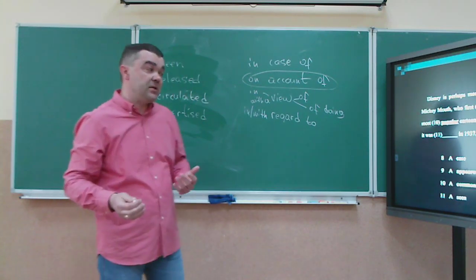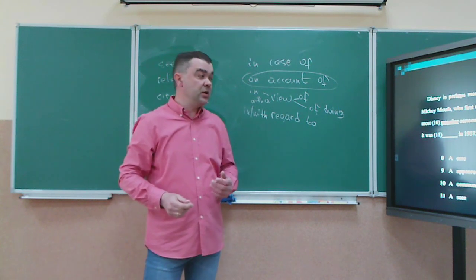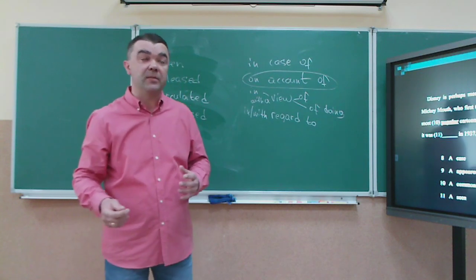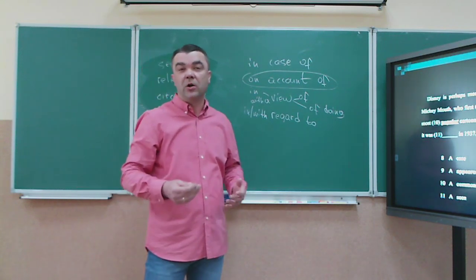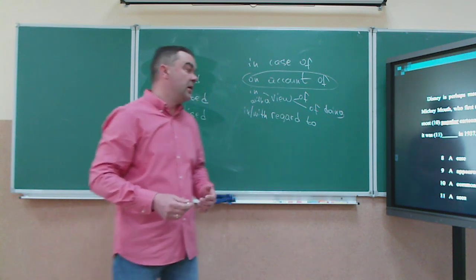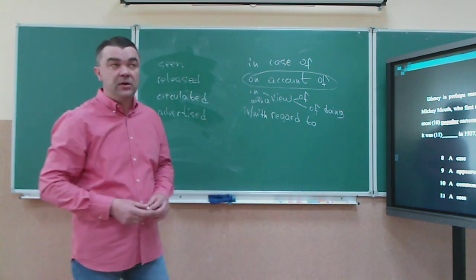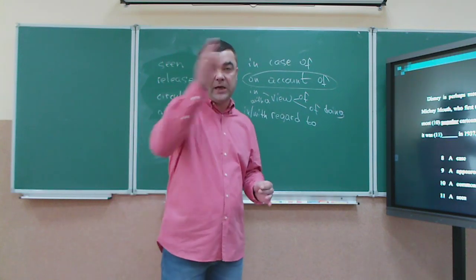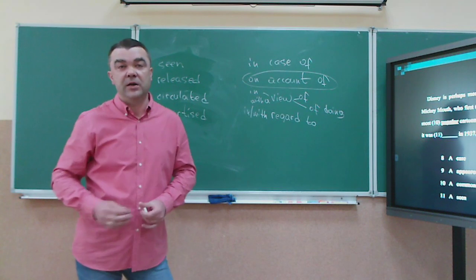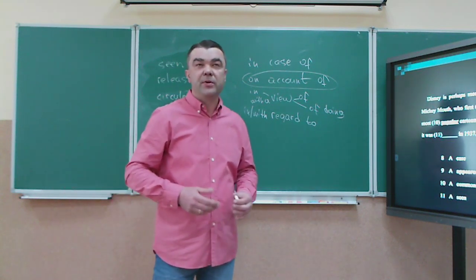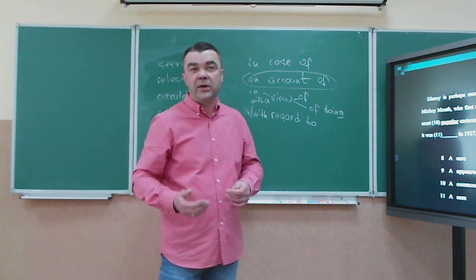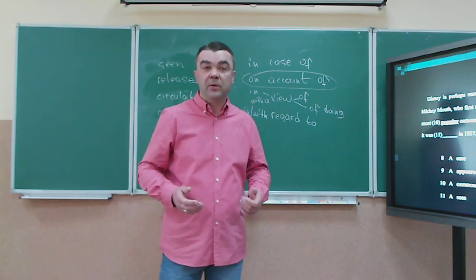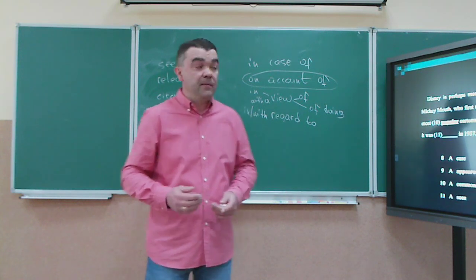What is to release? To release means to start, to make something appear for the first time. To release a film, to release a song, an album, a single, and so on. What is to circulate? To circulate means just to make something go around, circulation. What is to advertise? To advertise means just to promote something, some kind of product, some kind of film or song, for it to be known among people, maybe just in order to sell.